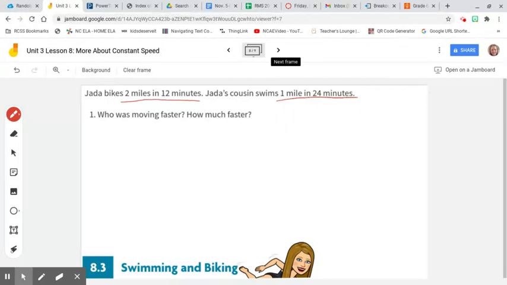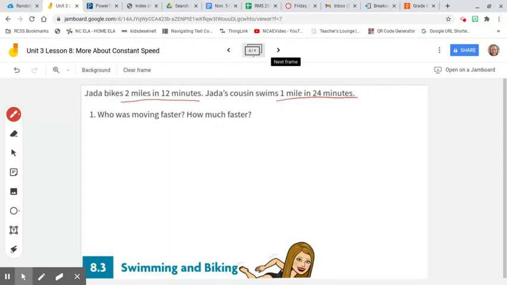So we have to kind of look at this, okay? If Jada's cousin swims 1 mile in 24 minutes and Jada bikes 2 miles in 12 minutes, you have to use a little bit of common sense in thinking about this, because Jada is going 2 miles, where her cousin is only going 1 mile.